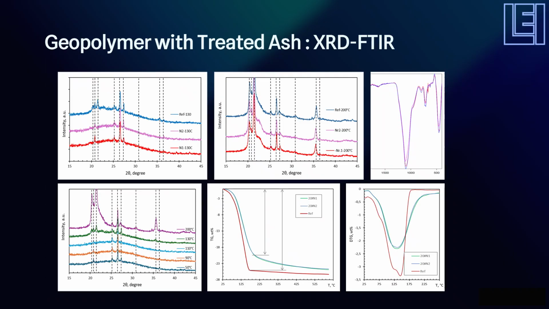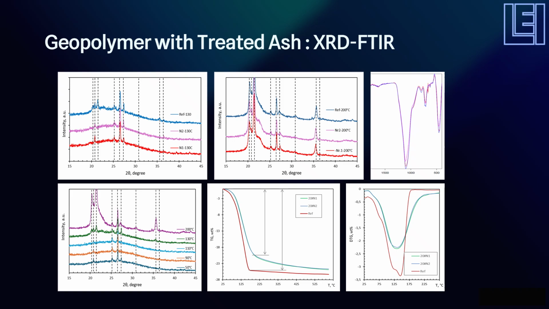The impact of treated ash on geopolymer phase composition was hardly visible in XRD curves. Metavariscite was not detected in modified geopolymer samples at 130. The main distinction is a small halo between 20 and 25 degree angle after treatment at 200 degrees.